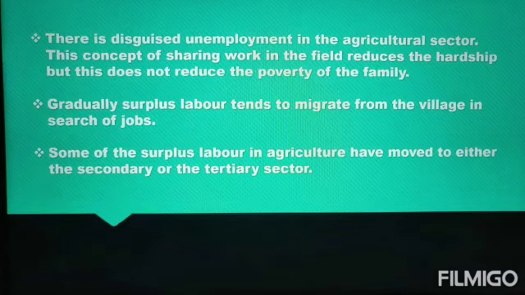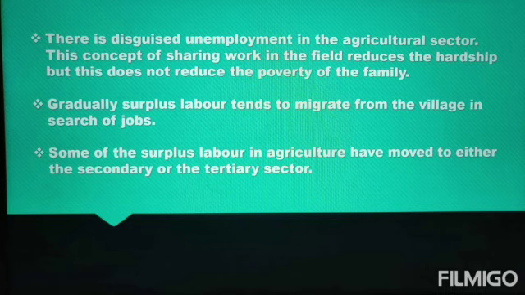Students, we have studied that there is disguised unemployment in the primary sector, especially in agriculture. Because more members are involved in the production process than required, the work of each member is divided.